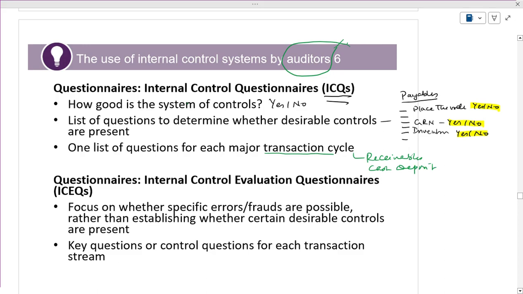Likewise, you will have a list of questionnaires for each cycle. The auditor will prepare this list for their own purpose, and will verify it with the internal controls of the client. An auditor will document this by saying yes or no.